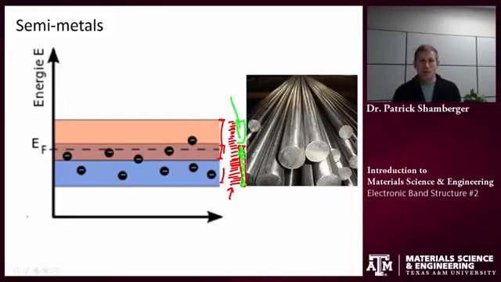So the important thing about metals and semimetals is that there are unoccupied energy levels that the electrons can reach very easily because they're very closely spaced in terms of energy. And this results in a lot of free carriers, so a lot of free electrons that can move around and can conduct electricity.